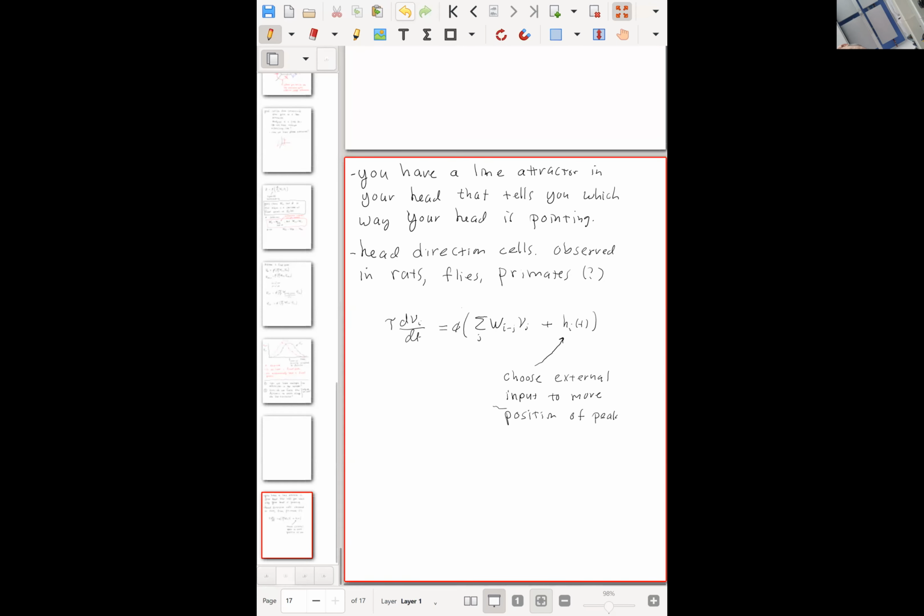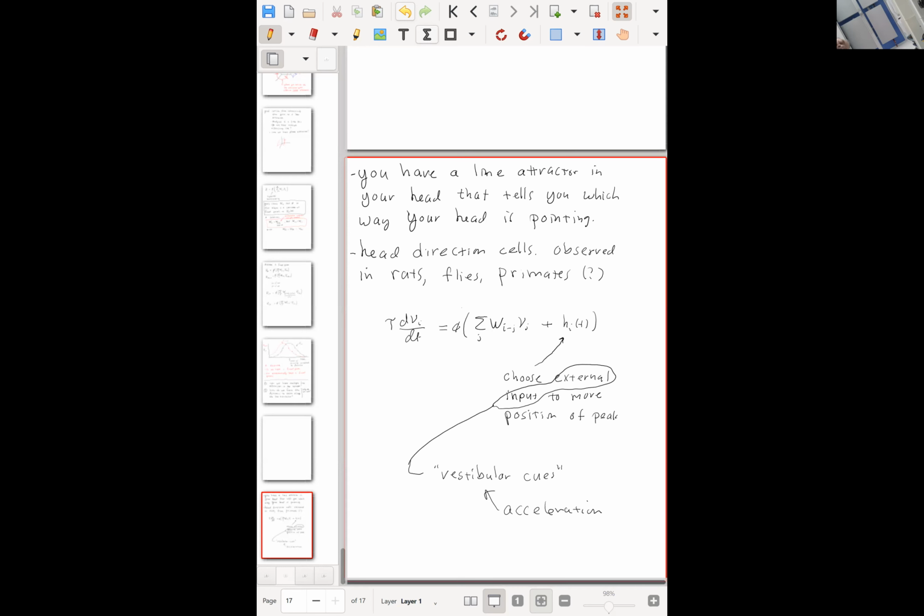And the external inputs we have in mind are the so-called vestibular cues, which is basically neuroscience's way of saying acceleration. If you move your head, you feel some acceleration.